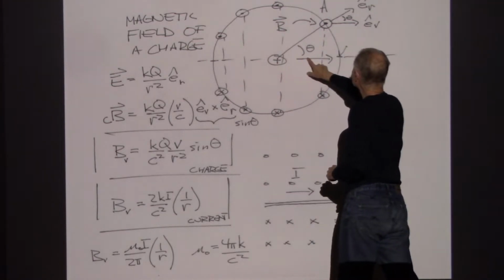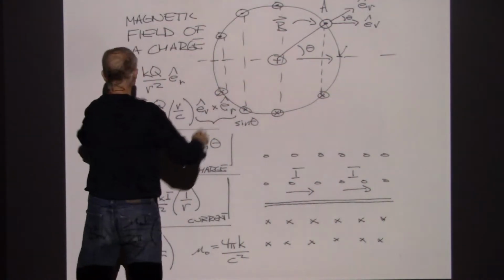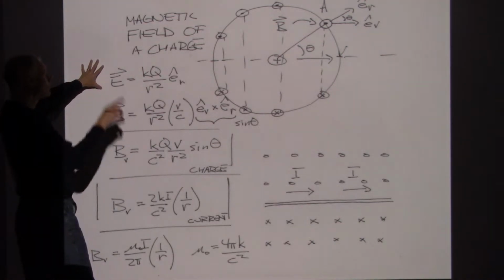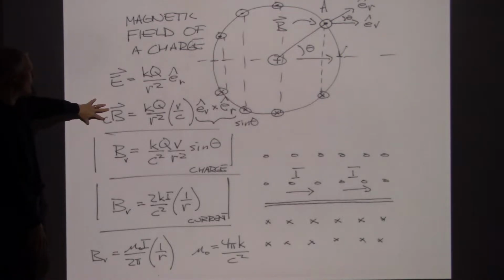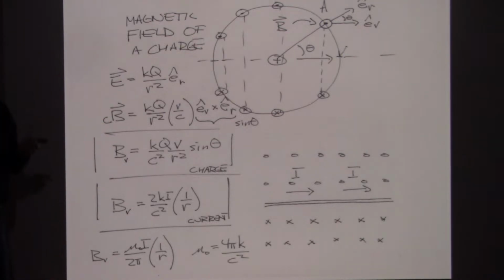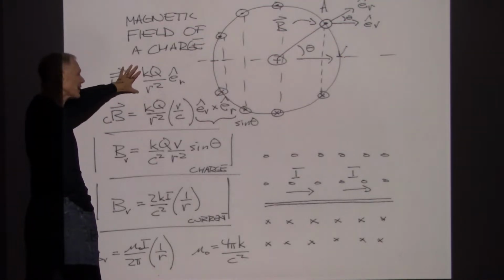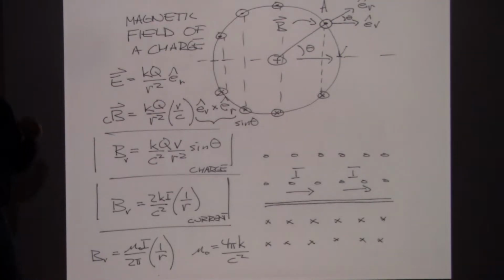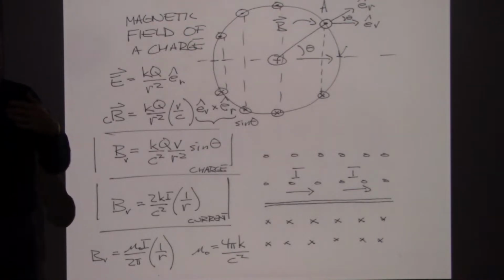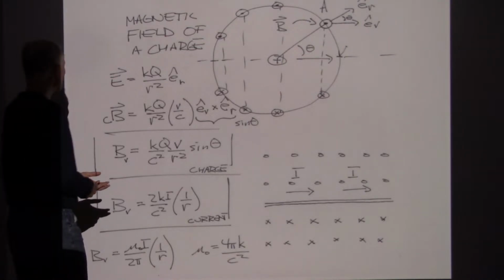The charge is in motion, and what we said was that the charge is going to generate an electric field that's directed away from the charge, but it's also going to generate a magnetic field, and that the magnitude of the magnetic field is kq over r squared, same as the electric field. We put an extra factor of c out in front of the magnetic field, where c is our space-time conversion factor, the speed of light, 3 times 10 to the 8th meters per second.